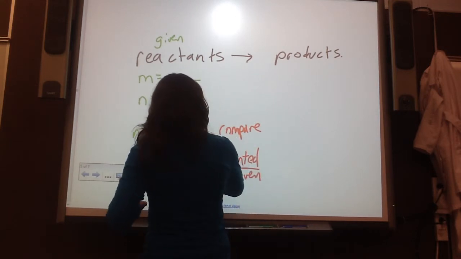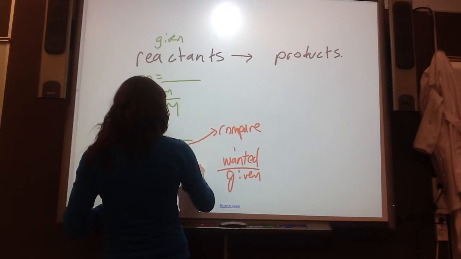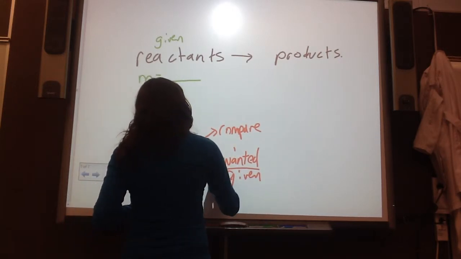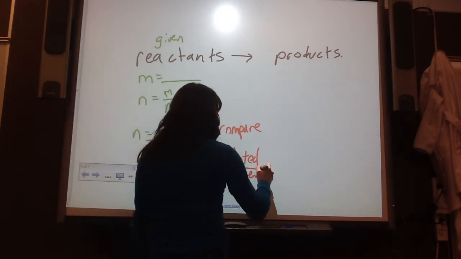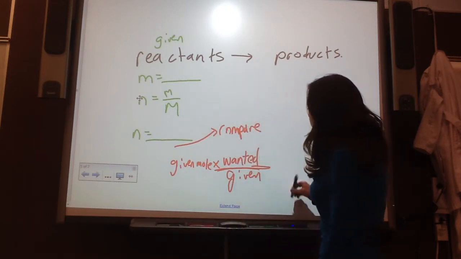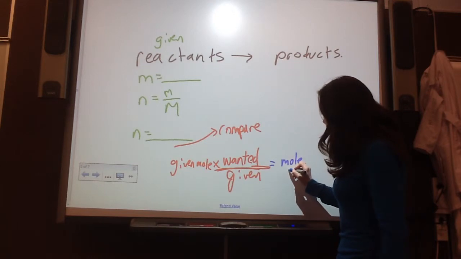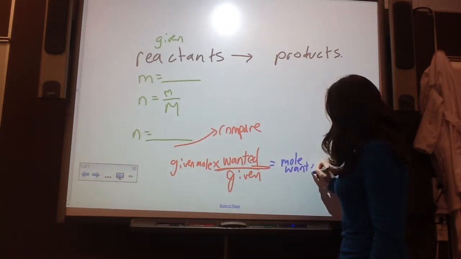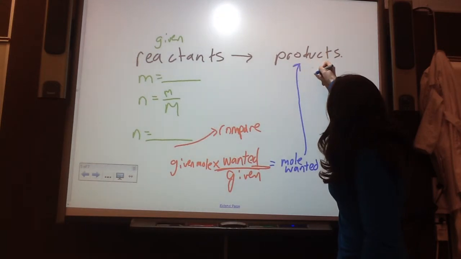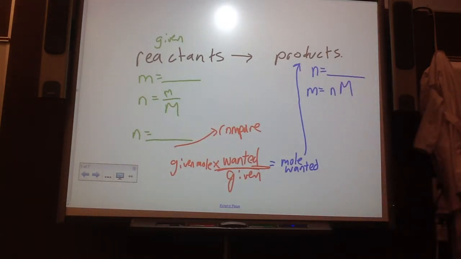So you take your given moles multiplied by wanted over given ratio. Okay? Whatever moles you get, moles wanted, now you can put it here. Then you solve for m using n times big M. Okay? That's your map.